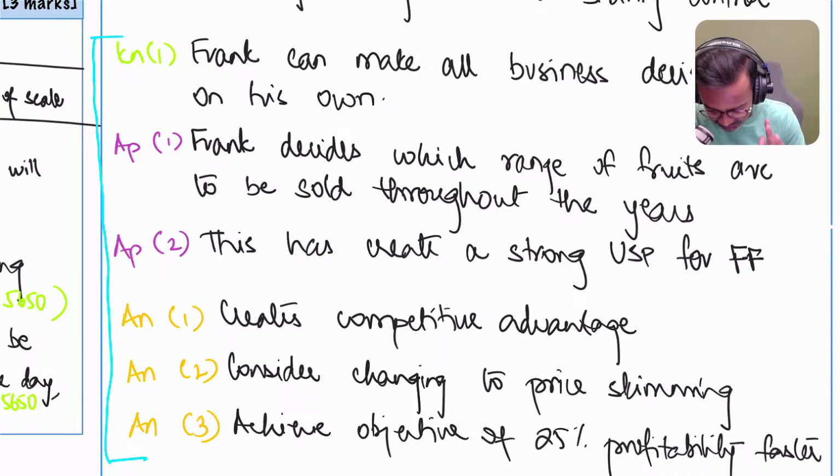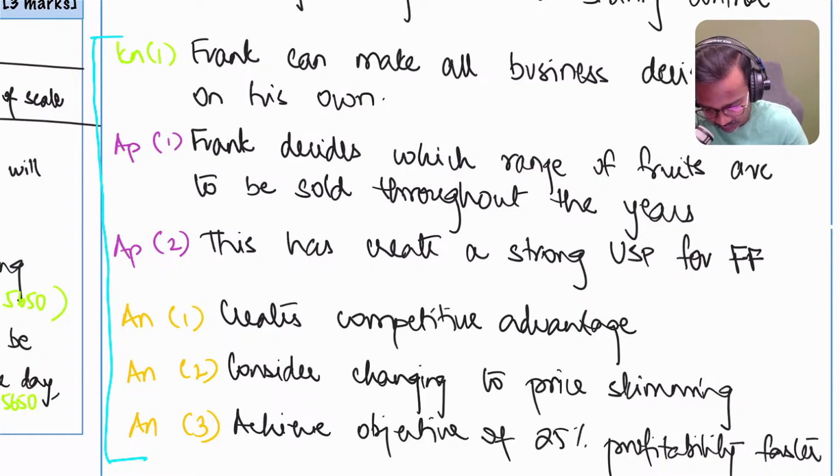And remember, this is the crucial bit. Each point of knowledge, application, and analysis, like you see here for an 8 marker, remember that it's as easy as 1, 2, 3. What that means is that you will need first one clear statement of knowledge, which we did here, then 2 of application, right?